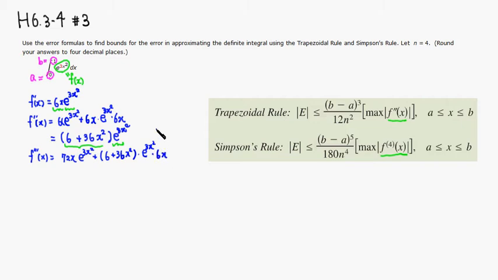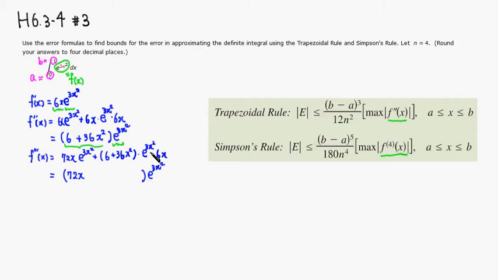So we have that, and I'm going to pull out e to the 3x squared again. From here you have 72x.